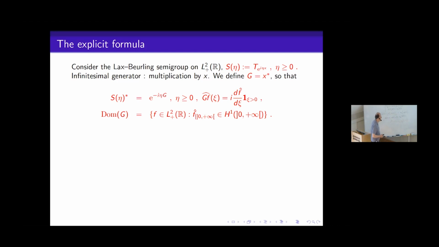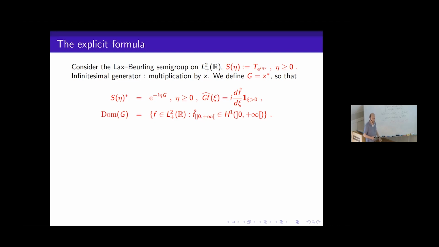And so the adjoint S(eta) star is just e^{-i eta G} for eta non-negative. And just to have an idea of what G is, you can use the Fourier representation. G f hat is just i d/dxi of f hat for xi positive.